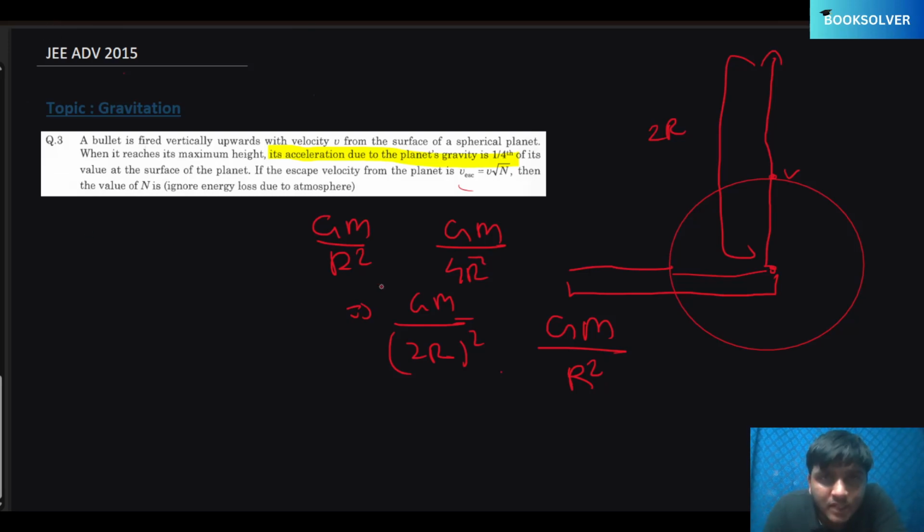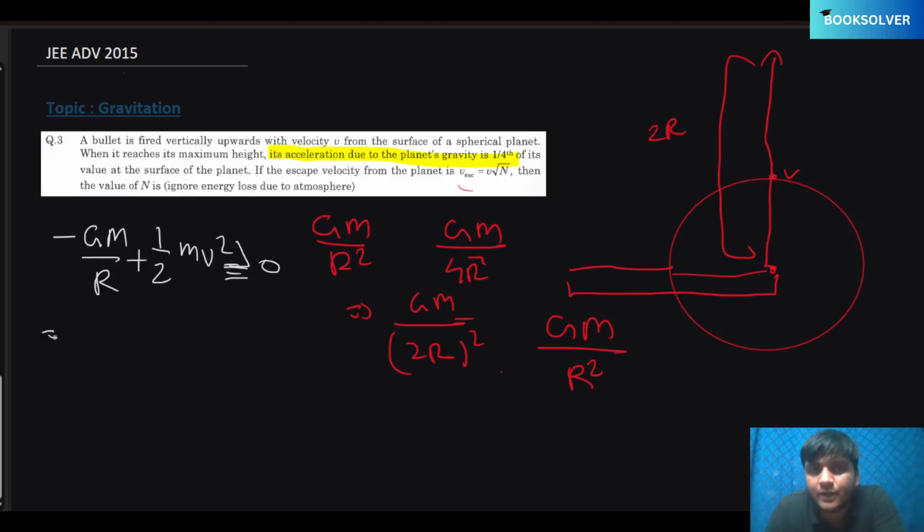So what is the potential energy at the surface of earth? It is equal to minus GM by r. If we give it kinetic energy in the form of half mv square, this should be greater than or just equal to zero. When it becomes just zero, that is the escape velocity. So we find that v escape is equal to root 2GM by r.